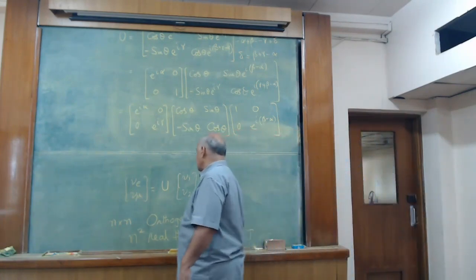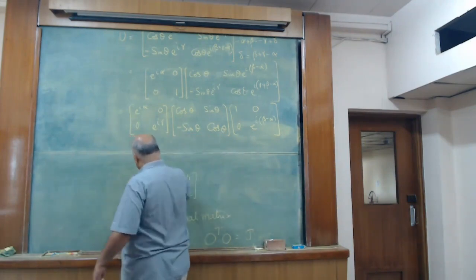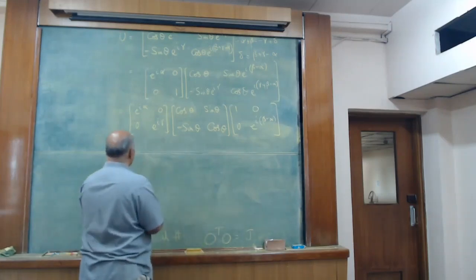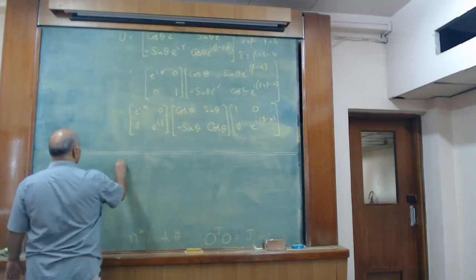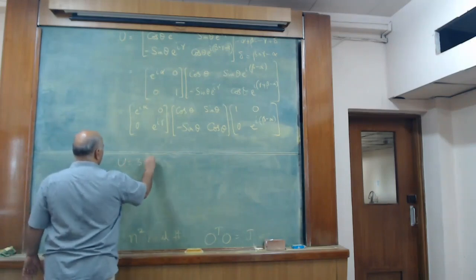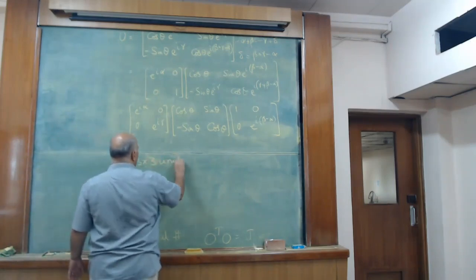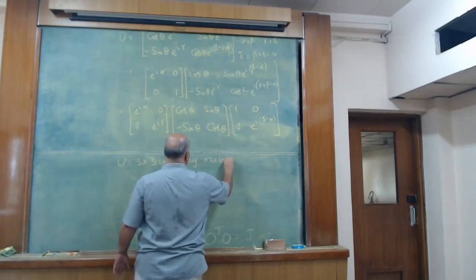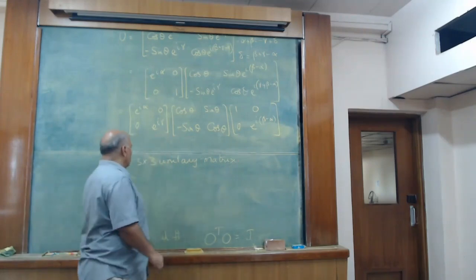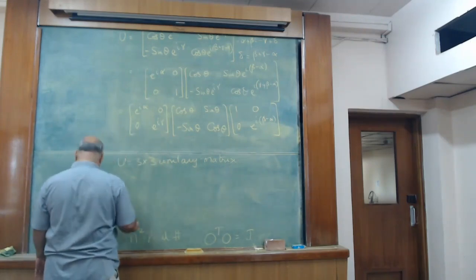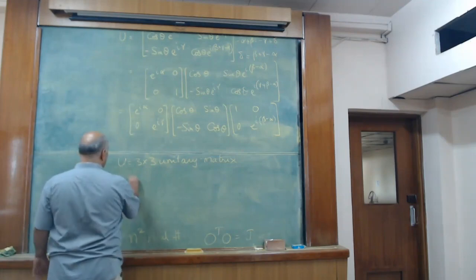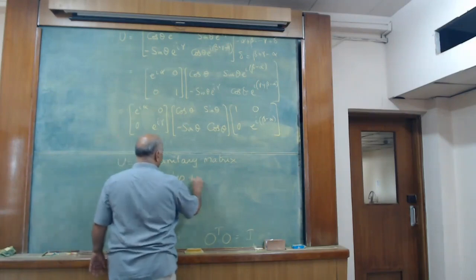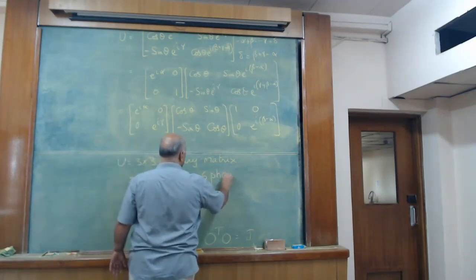However, that is not the case when we do the three-flavor mixing. Here, U is a 3x3 unitary matrix. So, this has three angles plus 6 phases.